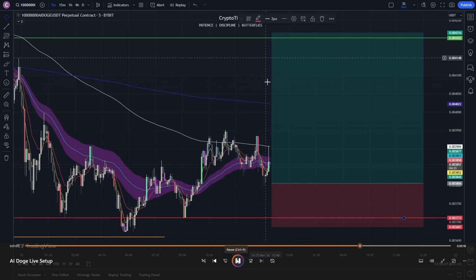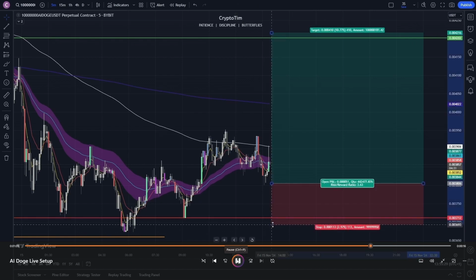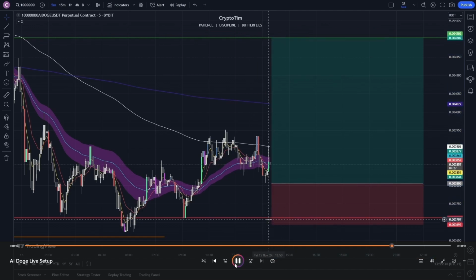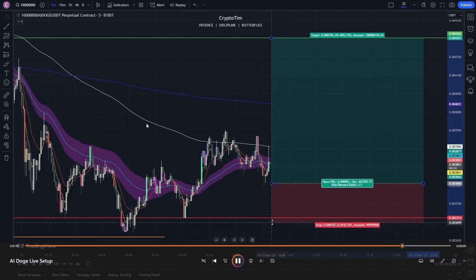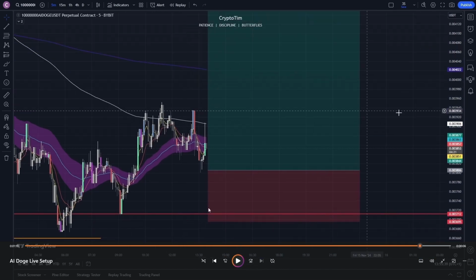So we put our stop loss somewhere below that. We leave a tiny bit of wiggle room, but a stop loss anywhere below this block would be okay.